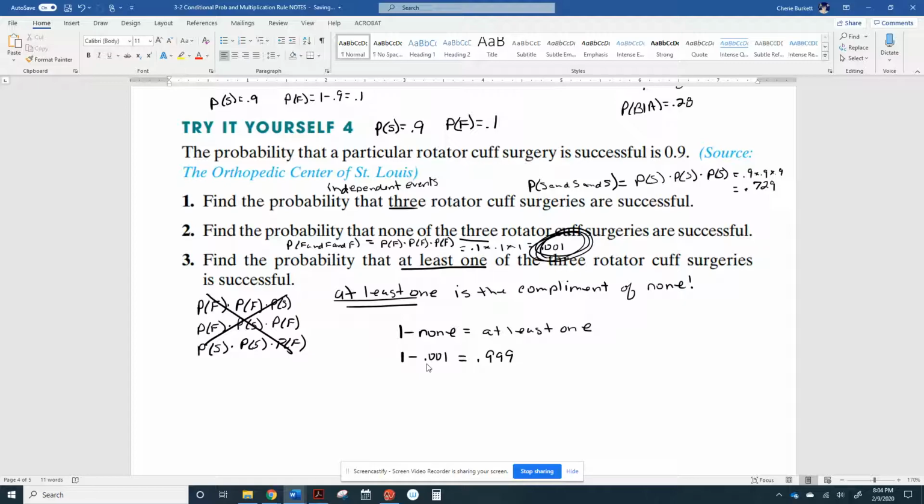And the way that we write the probability of at least one, we're talking about an x value or an outcome. We could use an x value that's greater than or equal to 1. Or if you don't want to use x, you could say the success probability is greater than or equal to 1. So that's what at least one looks like. So we would say that's equal to 0.999.